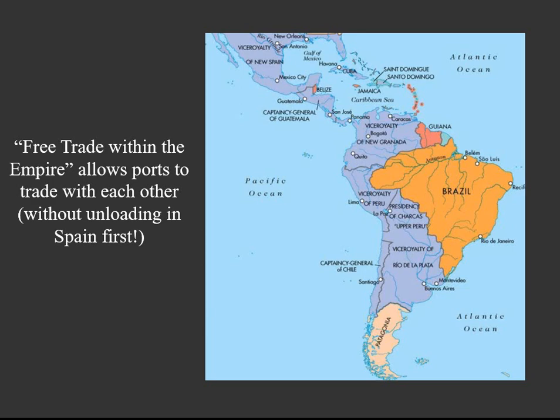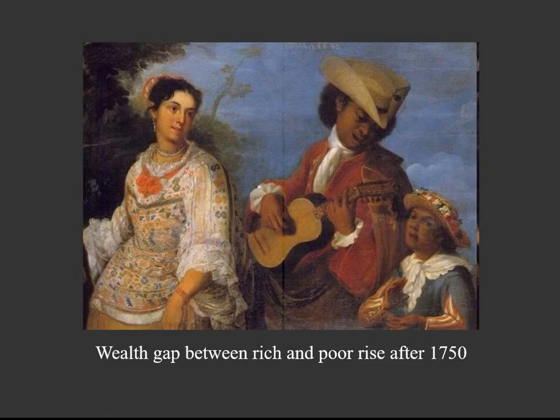But even amid all this massive economic growth, Spain still has economic and governance problems in the colonies, and one of the biggest problems is this giant gap between the rich and the poor.